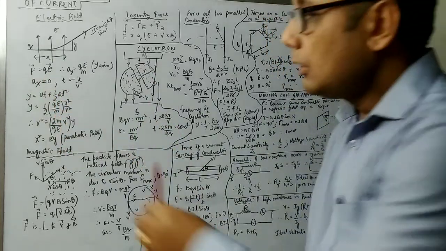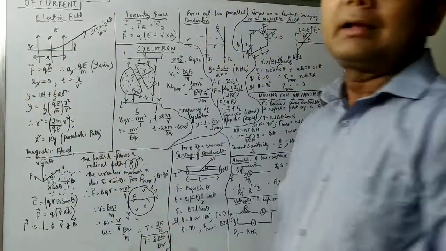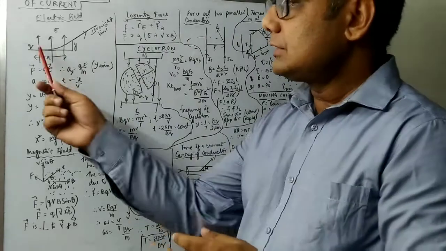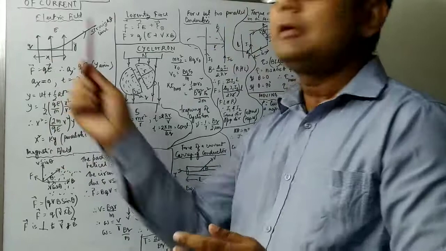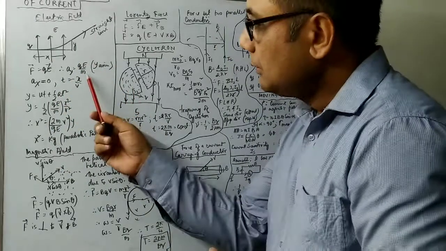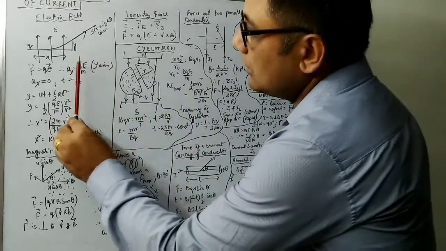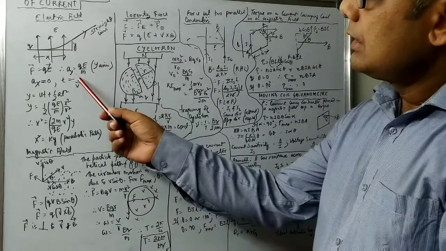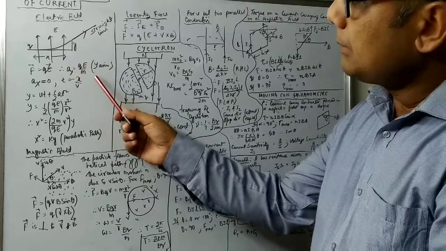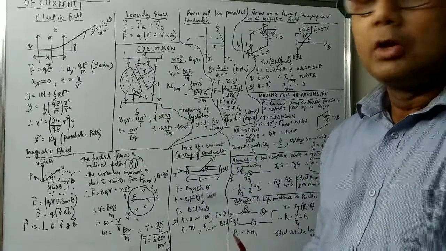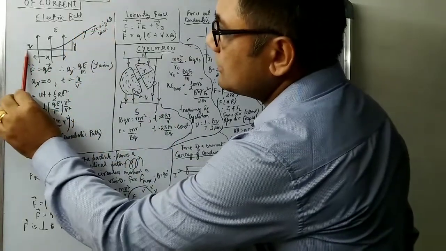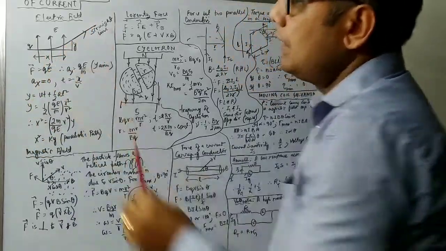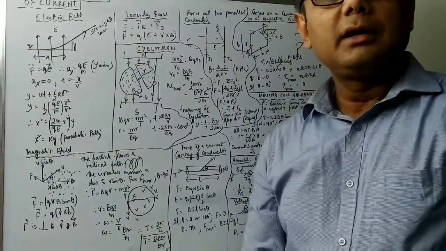So there is a force acting along the electric field on the charge, which is F equals Q into E. Now, if a constant force acts on a charge, it should have a mass. So if the charge is getting a force, an acceleration will be produced along the y-axis. The acceleration will be force by mass, which is QE by M. This acceleration acts along the y-axis, which makes the charge move vertically up as it passes through the electric field.